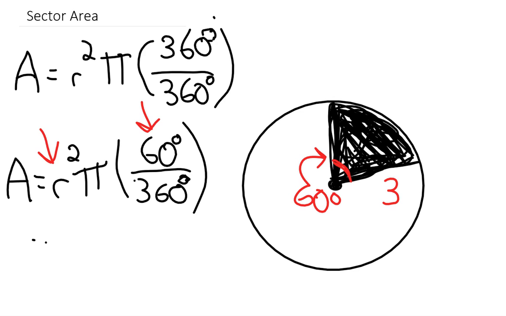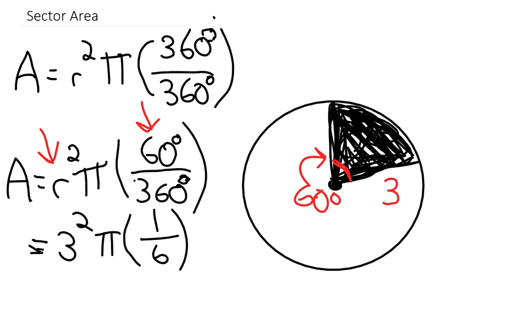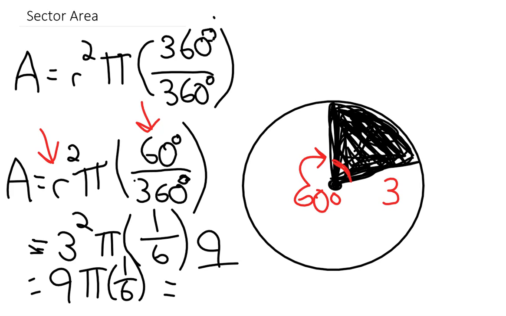If I go through this problem, I'm trying to find the area. I would have 3 squared times pi times 60 over 360, which is going to reduce down to 1/6. 3 squared is 9, times 1/6. If I want to simplify without actually multiplying, I could say that this sector is equal to 9/6 pi, and we'll call it inches squared.